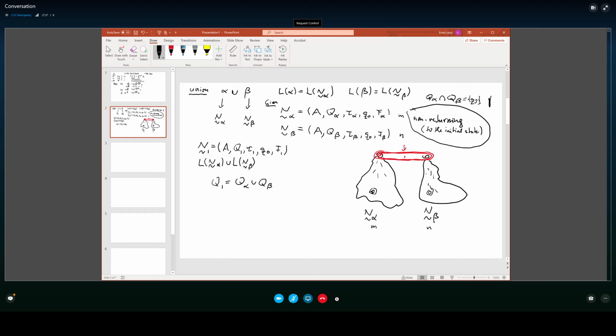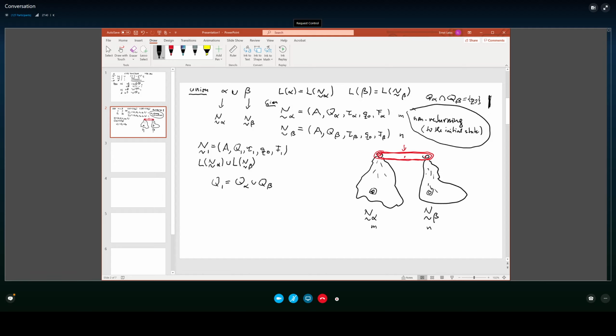How many elements are there in Q1? M plus N? No. Whichever's larger, M or N? No. Don't guess. The obvious thing is M plus N, but that ignores the fact that they have one element in common. Oh, M plus N minus 1. M plus N minus 1.